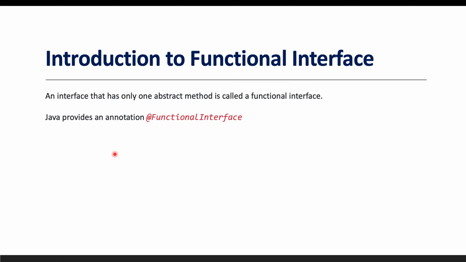Like we have seen in our previous slide, we no need to provide any argument type or return type or braces. So how is Java going to identify what type of data you are expecting? That definition is written inside the functional interface.